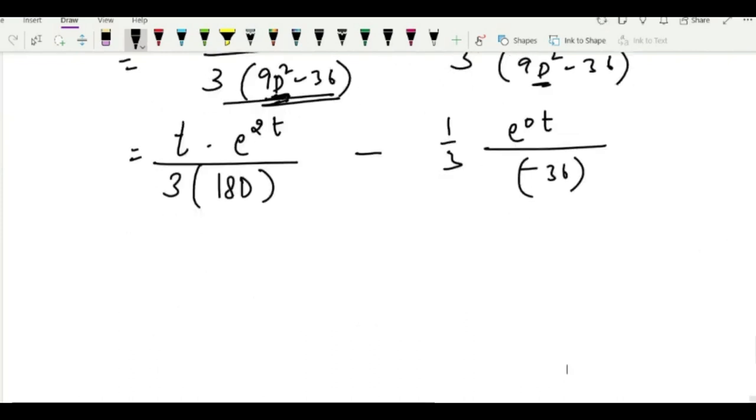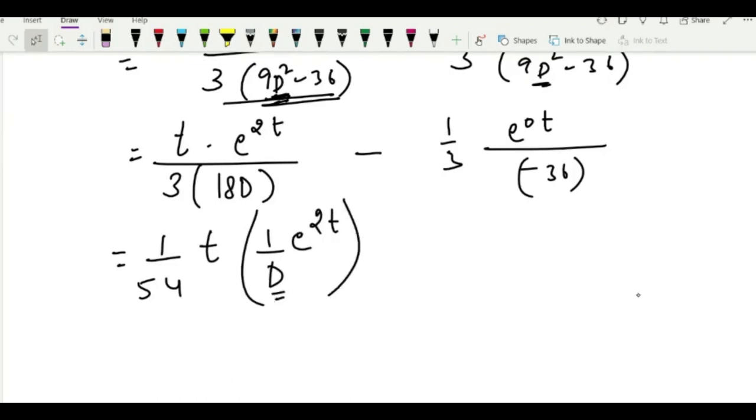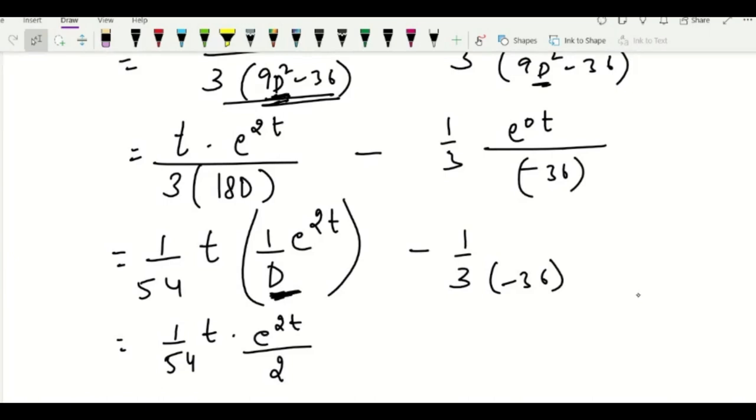So finally, we have 1 upon 54 t times 1 upon D e raised to power 2t. So 1 upon D stands for integration. So integrate e raised to power 2t, which is equal to e raised to power 2t upon 2. This will become plus 1 upon 108.